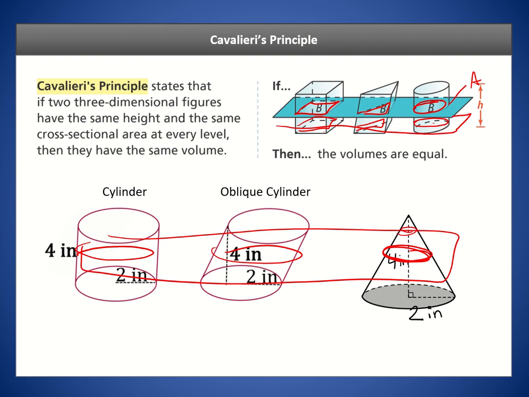So if I keep making these slices, the circle gets smaller, and therefore the area of the cross section for the cone is not the same as the cylinder and the oblique cylinder, and therefore the volume of the cone is not the same as the volume of the cylinders, even though the height is the same, because the cross-sectional area changes. So that would be a non-example of Cavalieri's Principle. In this case, the volume is not the same as the volume of the cylinders.